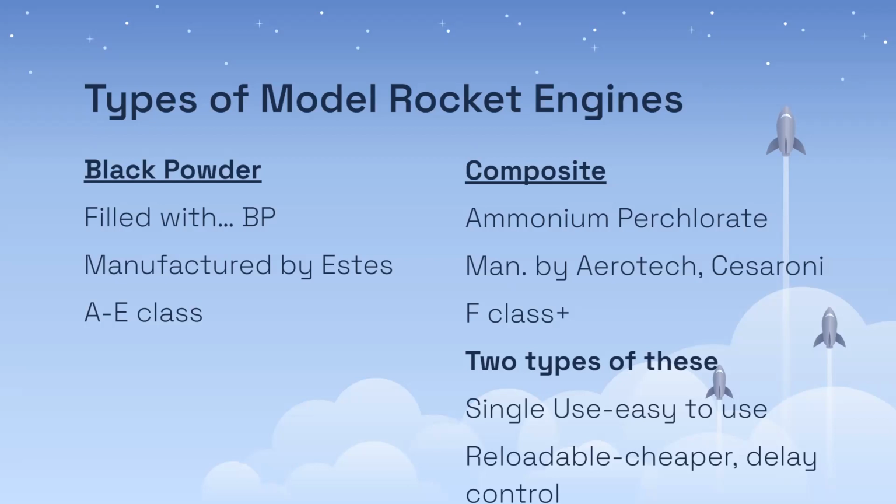With reloadable ones, you get to put the motor together yourself, which can be, to some people, fun, and to others kind of a drag, because then you get to launch less because you have to take time and clean out your casings, and you also have to make sure that you put it all together correctly, because reloadable motors are known to explode if the launcher does not do it correctly. So that's one of the downsides of reloadable motors, but they are cheaper.